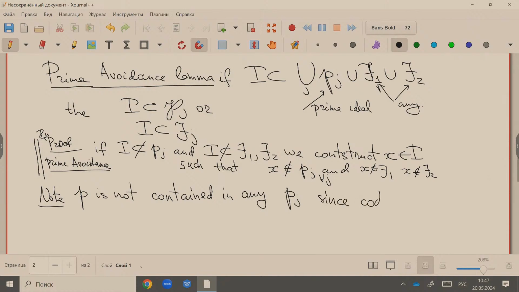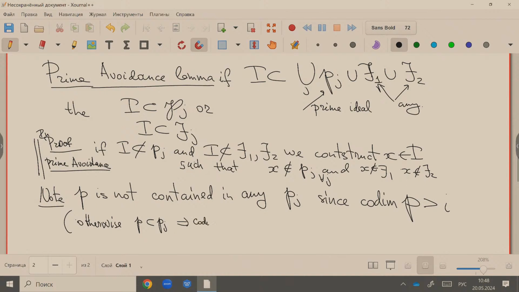the codimension of P is strictly bigger than I. Otherwise, if P was contained in Pj, the sequences inside P give you the sequences in Pj.